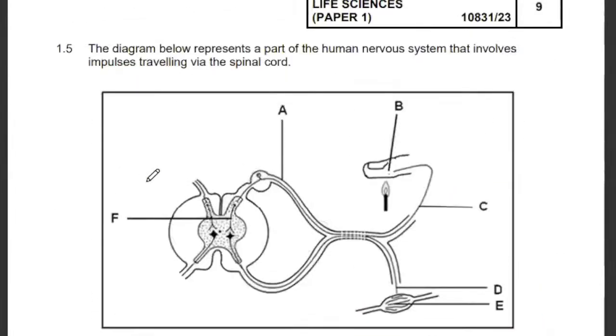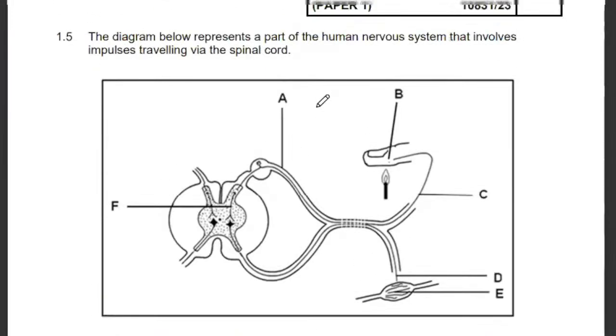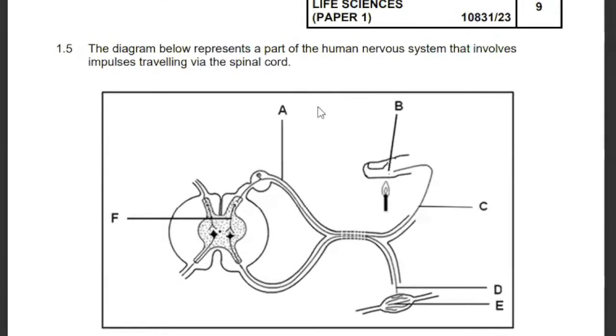Yes. Then when we go to the next question, here, what they are saying is the diagram below represents the part of the human nervous system that involves impulse traveling via the spinal cord. So basically, what is behind here is the reflex arc.